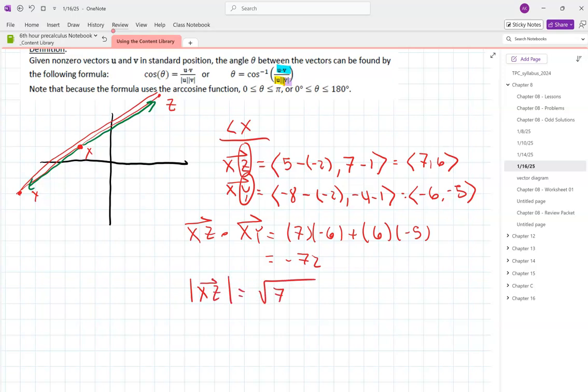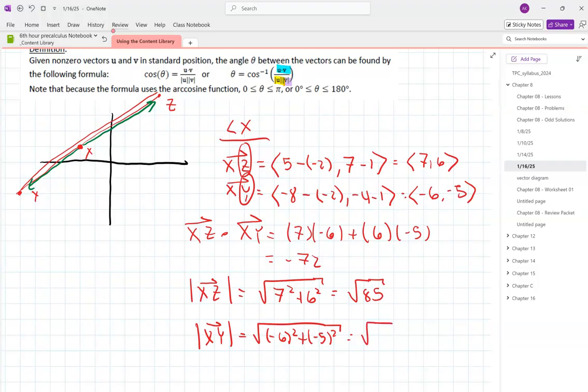That's the square root of 7 squared plus 6 squared, so 49 plus 36 is 85. I'm not going to worry about reducing anything here because none of this is part of a final answer. It's just going to go into my calculator anyway. This is like the worst problem in the entire problem set, by the way. 36 plus 25 is 61.